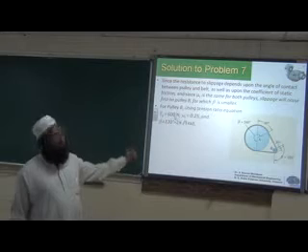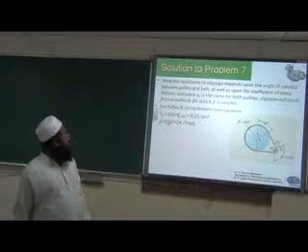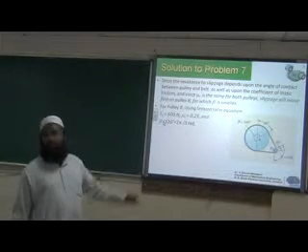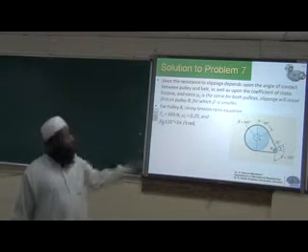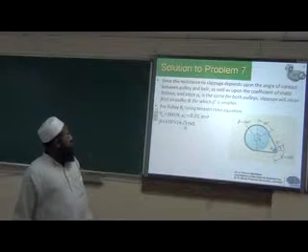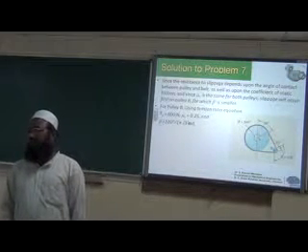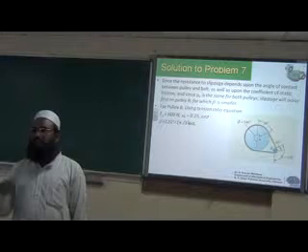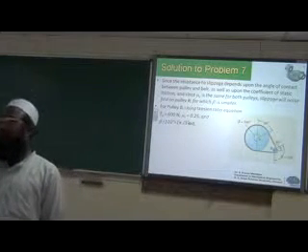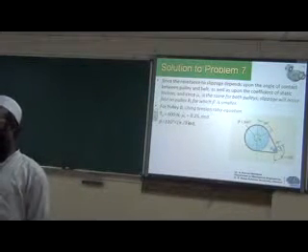So T1 is given as 600, mu is given. For the smaller pulley, the angle of lap is beta instead of theta. We have to convert it into radians. If it is sin theta, cos theta, you will directly get radians.